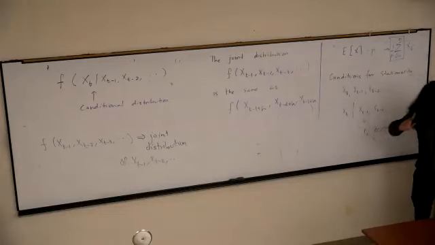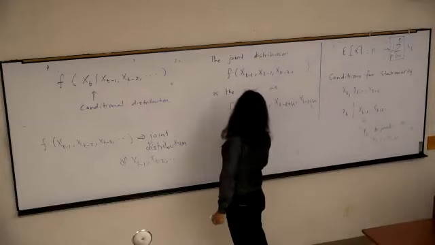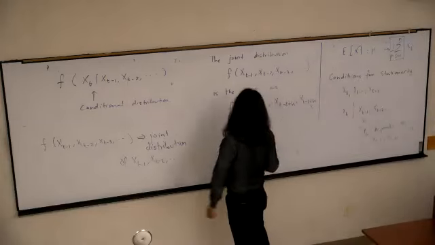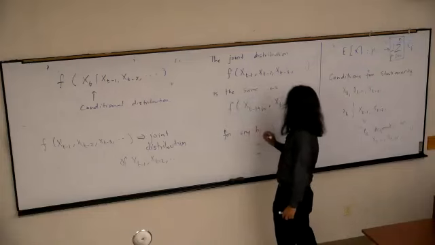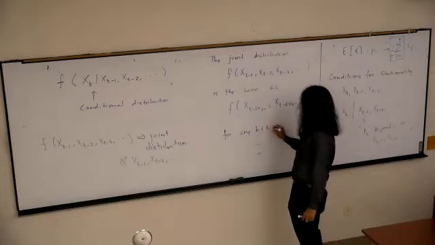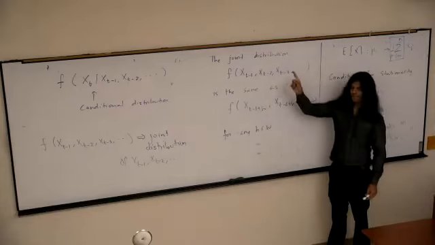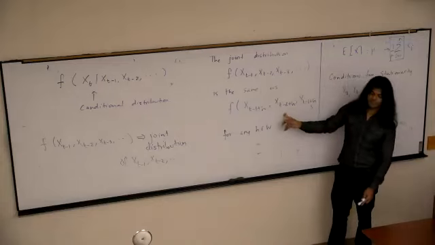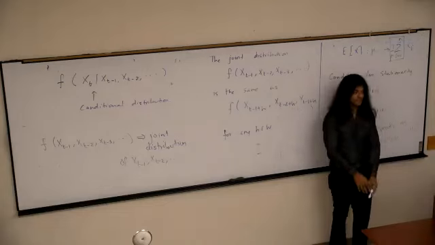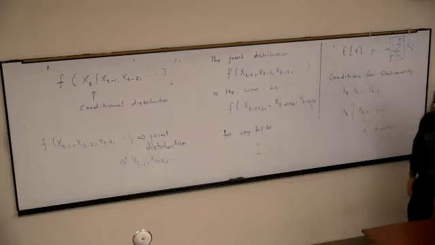So for any value of h, which is a whole number, the joint distribution of this and the joint distribution of that must be the same, no matter what h you pick.